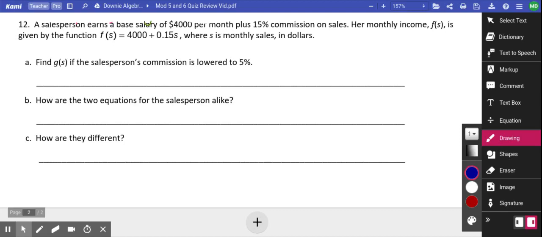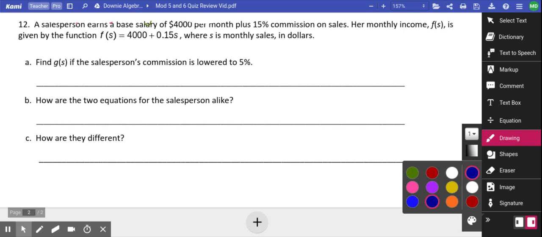For number 12, our problem says a salesperson earns a base salary of $4,000 per month plus 15% commission on sales. Her monthly income f of s is given by the function f of s equals 4,000 plus 0.15s, where s is monthly sales in dollars.